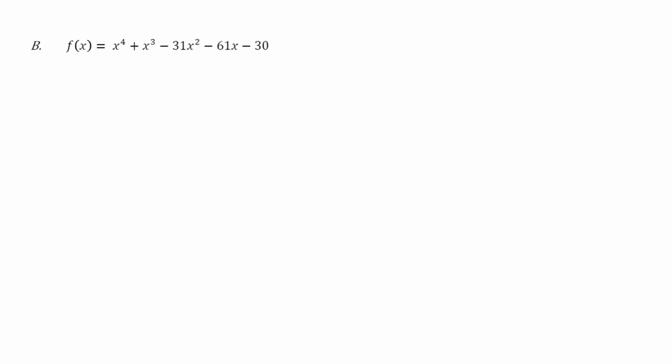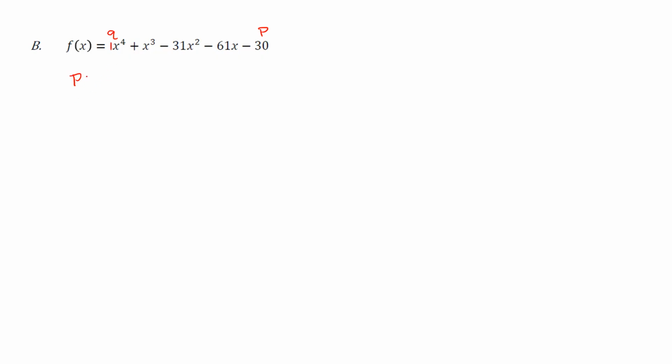B. f of x equals x to the fourth plus x cubed minus 31x squared minus 61x minus 30. So let's first find the possible zeros. So this is going to be p over q, where q would be 1.